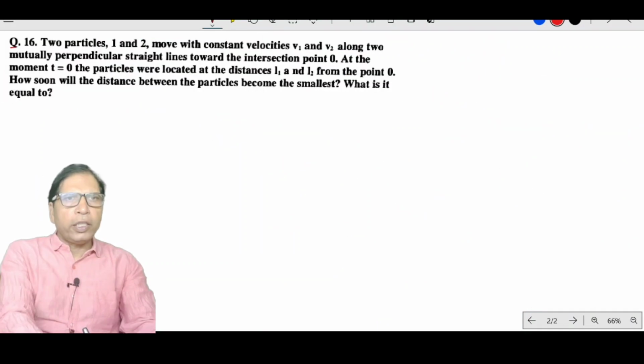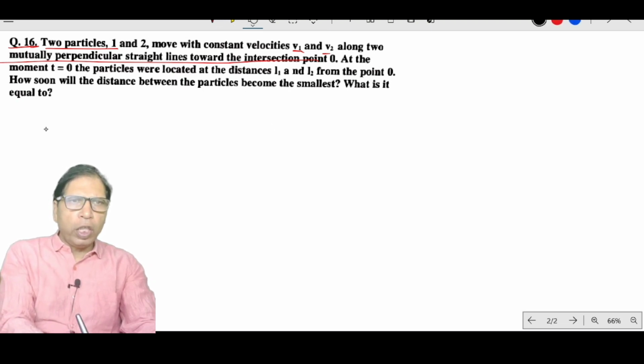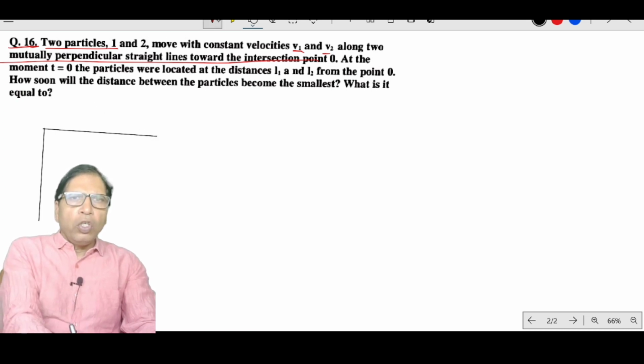Question number 16. Two particles A and B move with constant velocities v1 and v2 along two mutually perpendicular straight lines towards the intersection point O. Suppose these are the two straight lines.